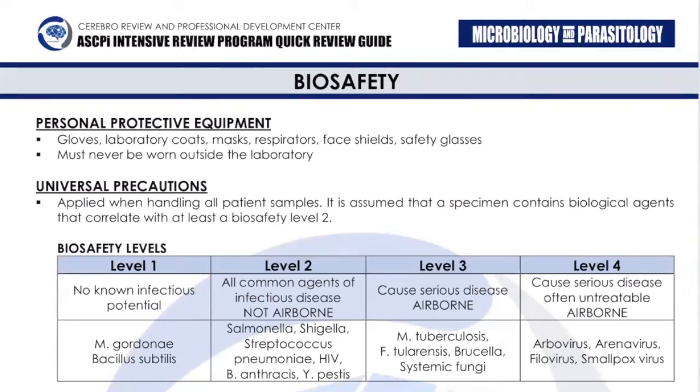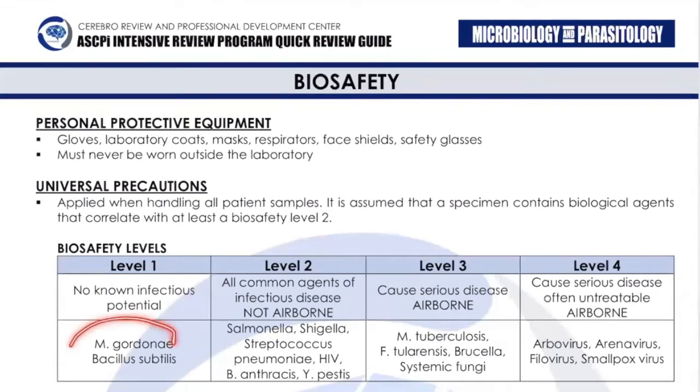Okay? So that means pag sinabi nating biosafety level 2, these are those that are common agents of infectious disease that are not airborne. Okay? So guys, take note natin yung biosafety levels ng ating mga organism. So when we say biosafety level 1, these are organisms with no known infectious potential.